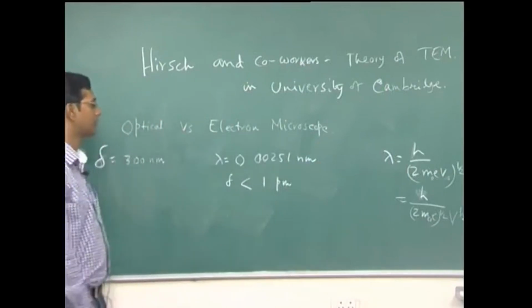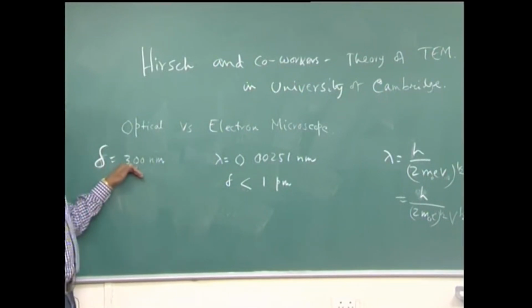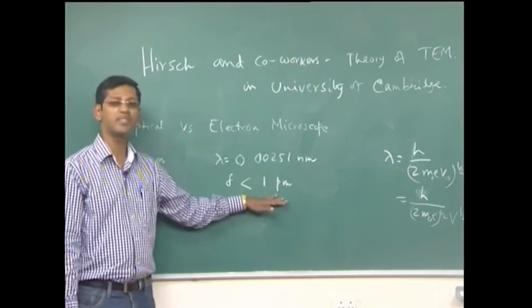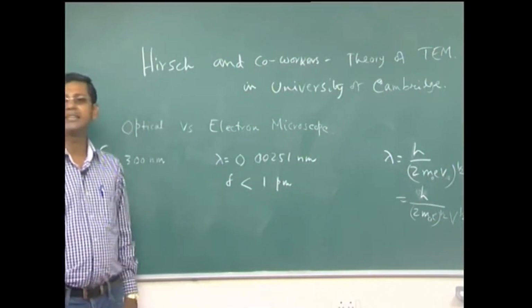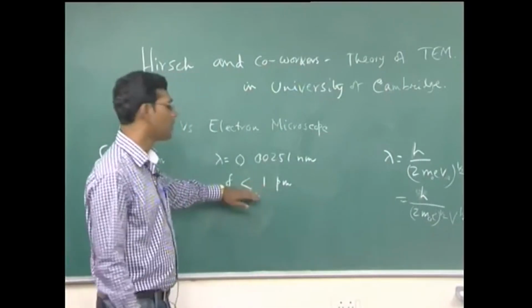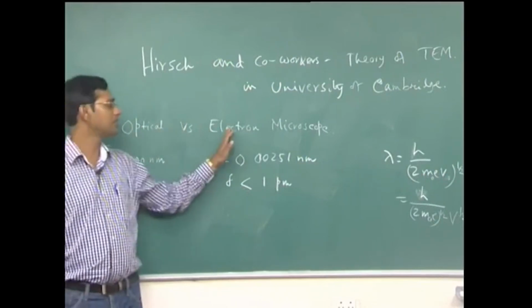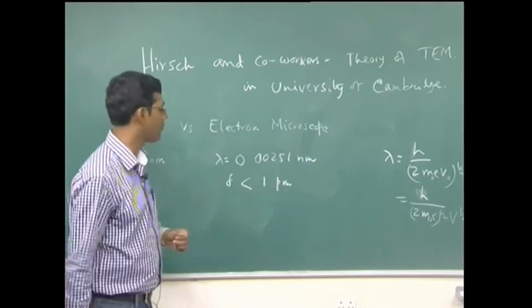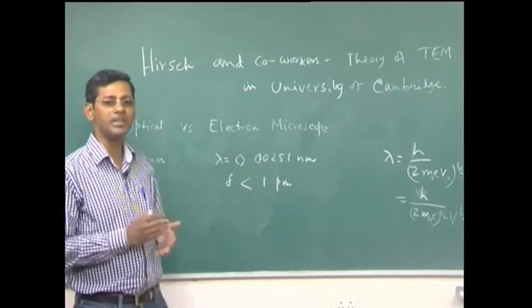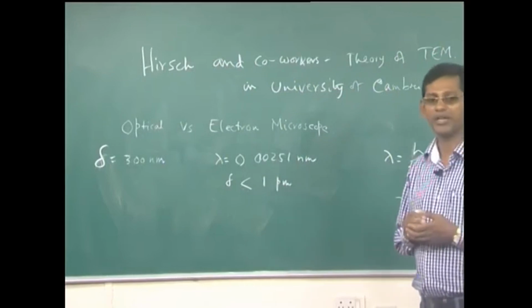So one can clearly see that it is theoretically possible to go from a resolution of 300 nanometers in optical microscopes to less than a picometer in an electron microscope, but normally we do not achieve this because of problems in the lens. Still, comparing optical versus transmission electron microscope, there is a huge benefit in terms of the resolution or resolving power of the microscope.